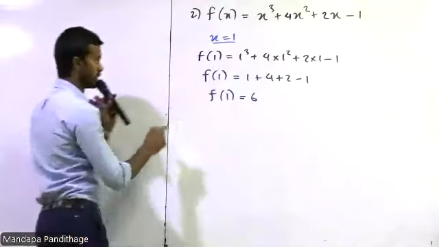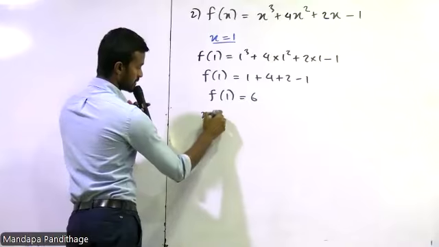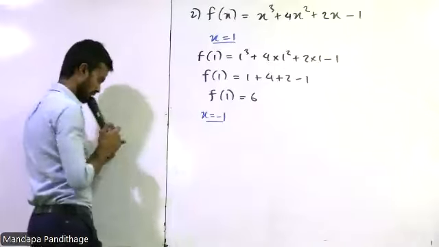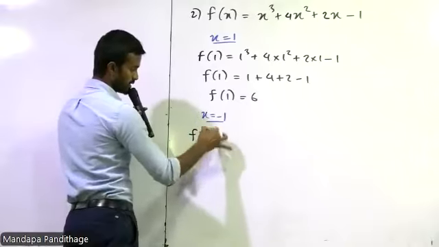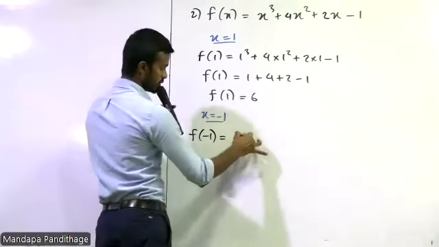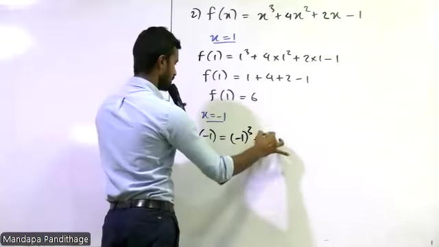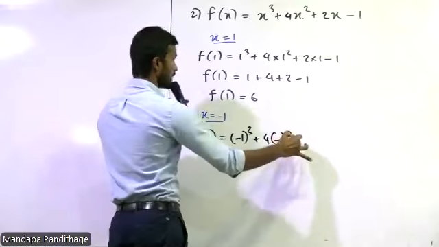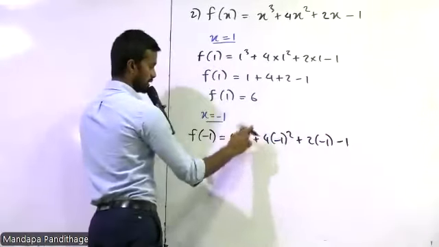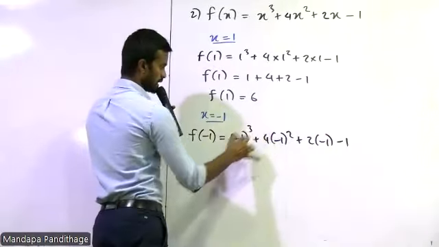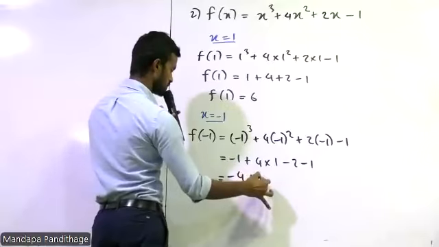Now if you put x equals -1, f(-1) is equal to (-1) cube plus 4 into (-1) squared plus 2 into (-1) minus 1. -1 cube is -1, -1 squared is +1. -1 plus 4, minus 2, minus 1, you get -4 plus 4, which is 0.